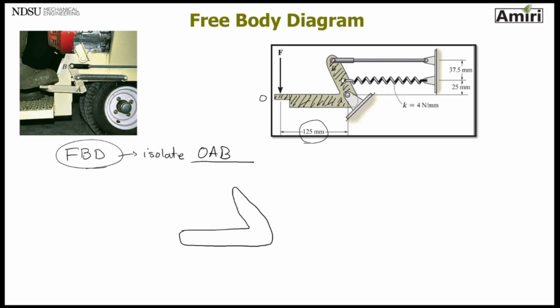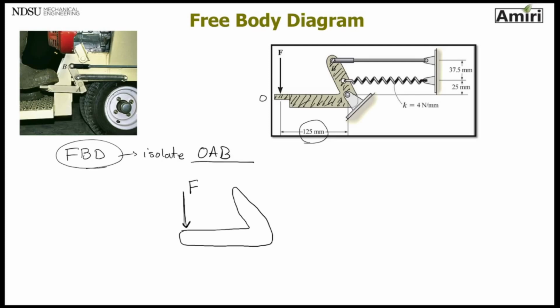Okay, step 2. So that was step 1. Step 2 was put the active forces, external forces, which here I have force F. Step 3, put the reactive forces, the forces that are trying to keep this from being messed up or keeping it in equilibrium.